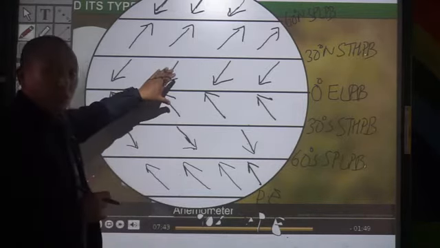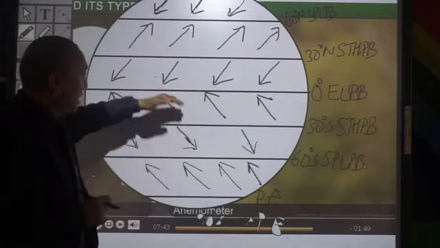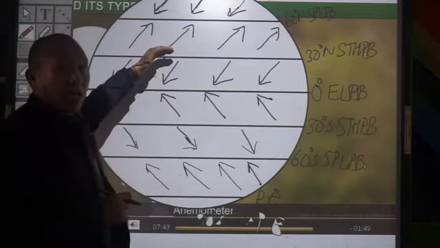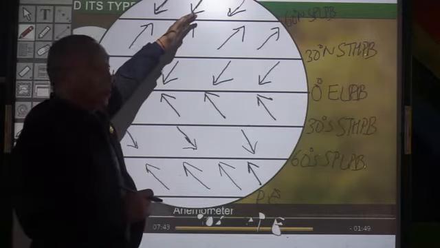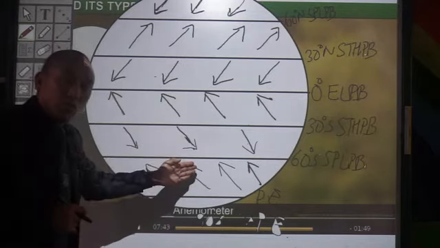The trade winds blow from the subtropical high pressure belt towards the equator in the north and south. Then we have the westerlies, which blow from the subtropical high pressure belt to the subpolar low pressure belt in the north and south.